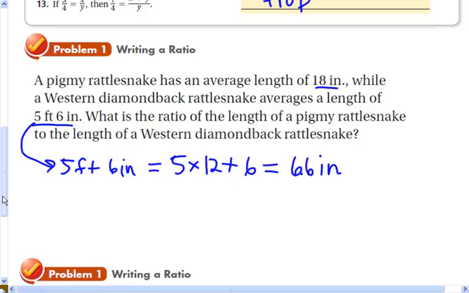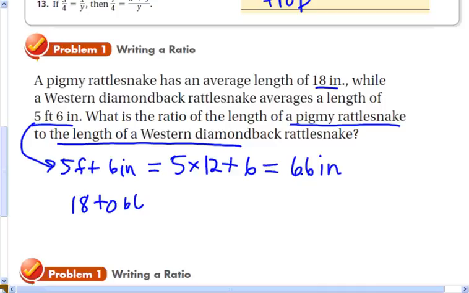And now I can write the ratio of the pygmy rattlesnake, so that comes first, to the length of the western diamondback. So 18 to 66. And we can simplify that also. Both of those numbers are divisible by 6. So we could divide both those by 6.